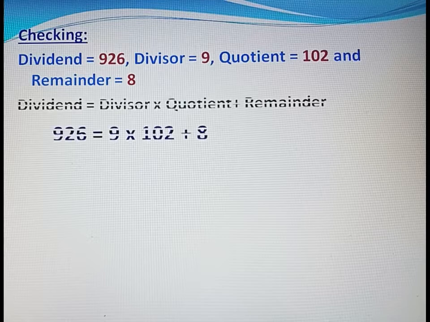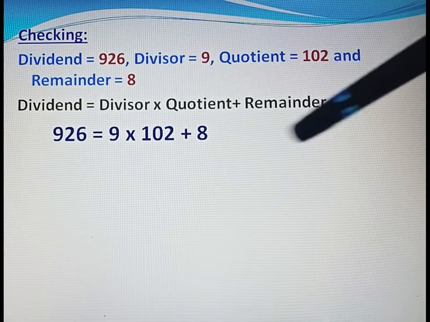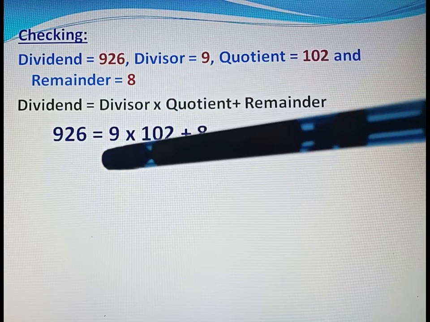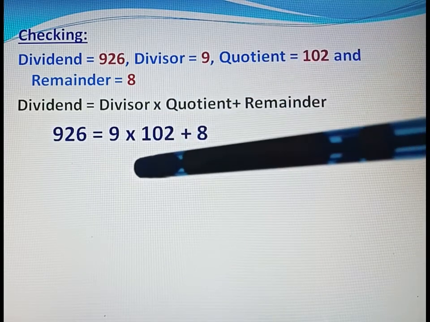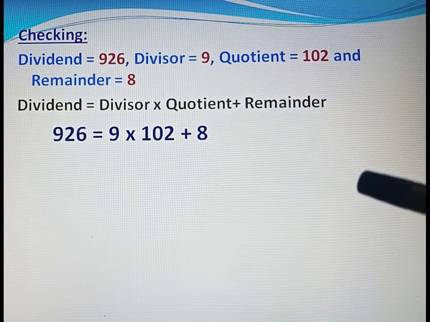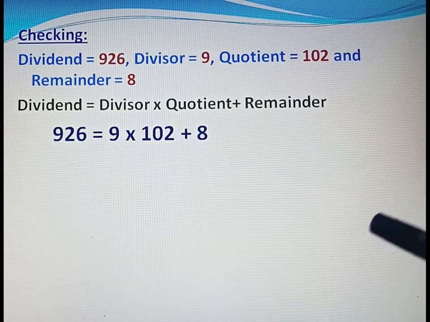Then write the formula. Dividend equal divisor multiply quotient plus remainder. Dividend 926 equal divisor 9 multiply quotient 102 plus remainder 8. We will multiply first 102 by 9.